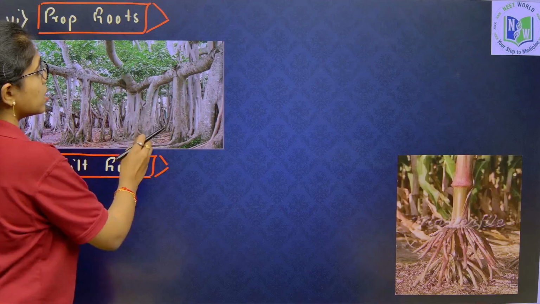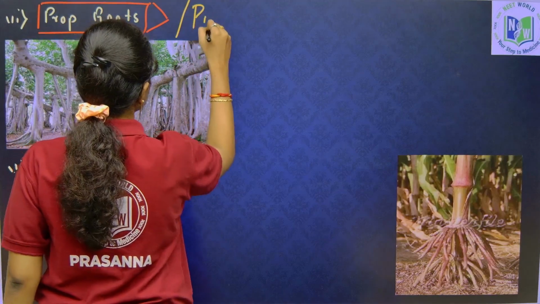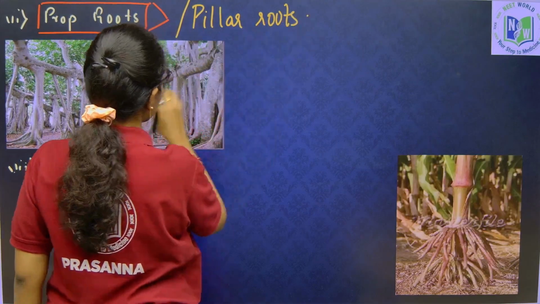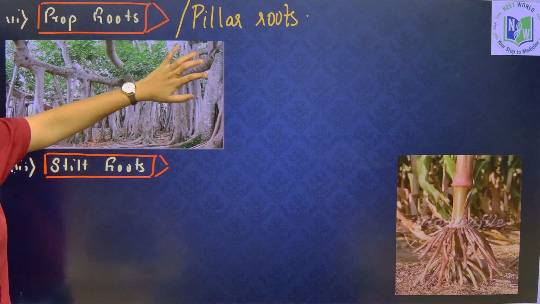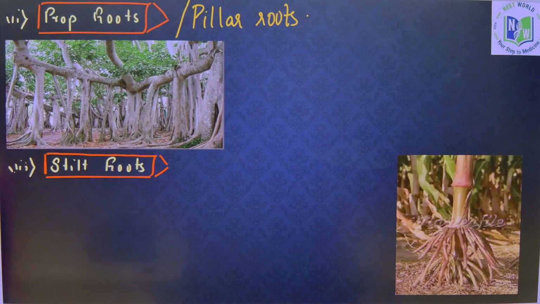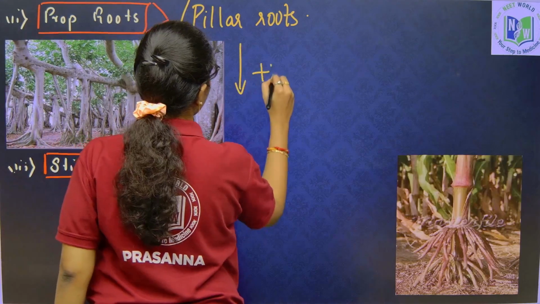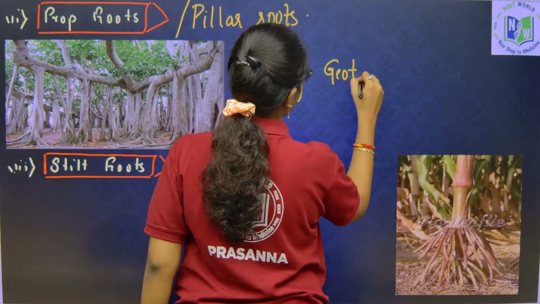Adventitious root system adaptation only. Prop roots or pillar roots are an adventitious root system modification. It grows positively geotropic.